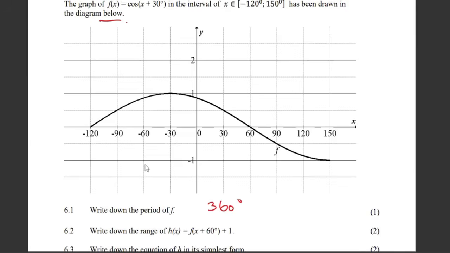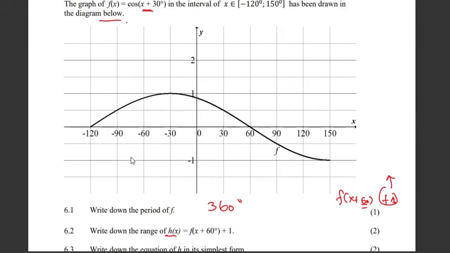They want us to write the range of h of x, if h of x is the same as f of x plus 60 plus 1. So what are they doing? They are shifting this graph 60 units to the left, and then they move it 1 unit upwards.